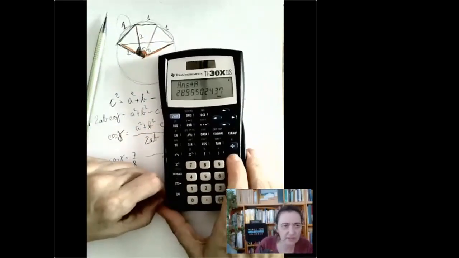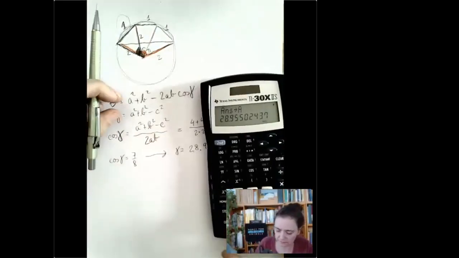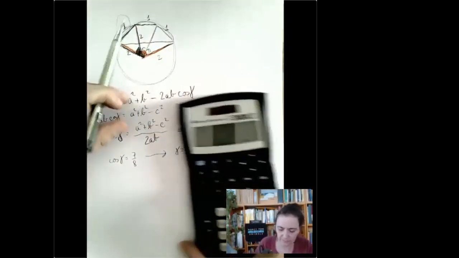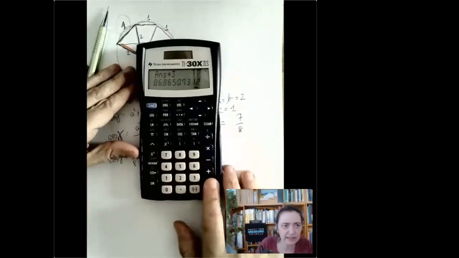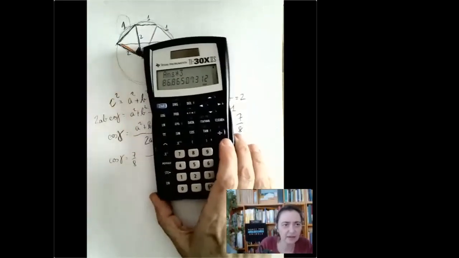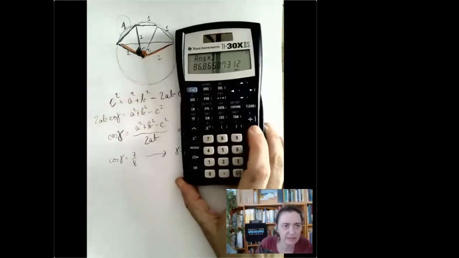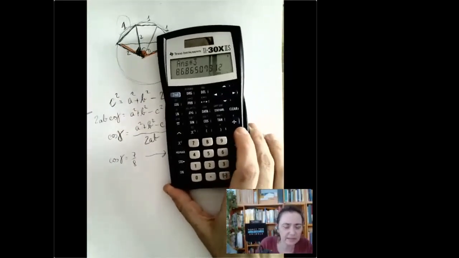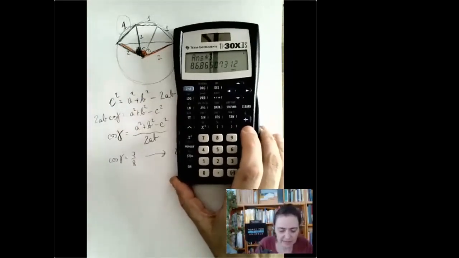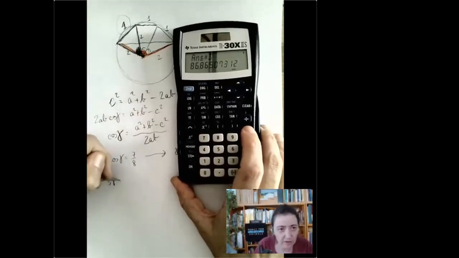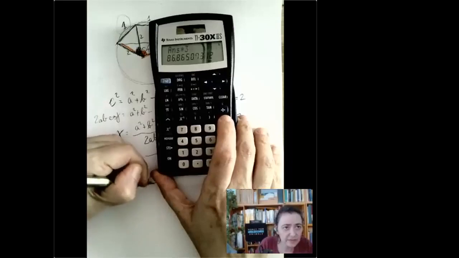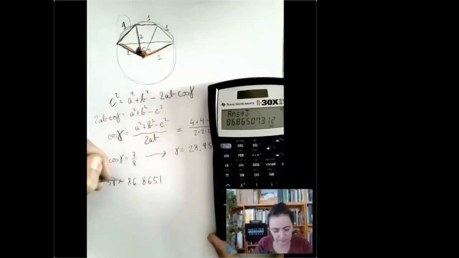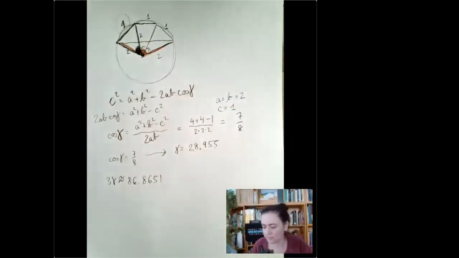So now this number is stored in A. And I'm going to say times 3 because the last answer was that angle times 3. That's 3 gamma. It's almost 90 degrees. Actually, the picture is not that bad. These angles are slightly too big. So 3 gamma is 86.8651, say.